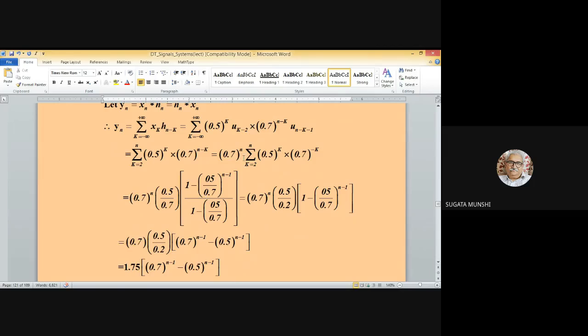Then simply a maneuvering is there. 0.7 to the power n has been taken out. So whatever remains within the summation is, the power is k and minus k here. So you know it's a progression, so you can find out that summation.